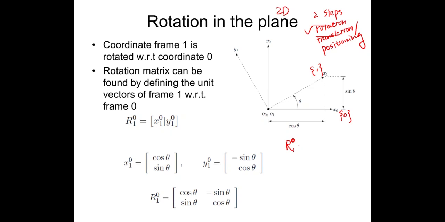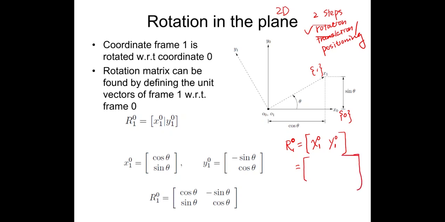And this rotation matrix can be calculated by, remember, we just talked about the 3D rotation in between A and B. So how did we do it? Okay, we did the projection, right? So it means that we need to do the projection of x1 to 0 and y1 to 0.